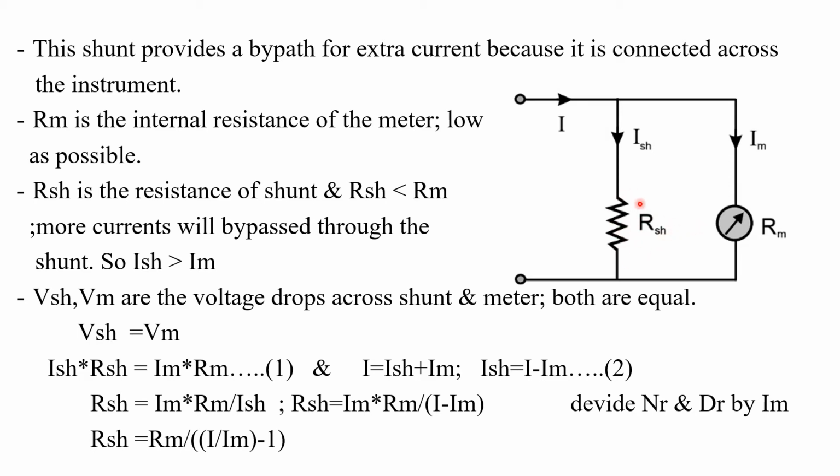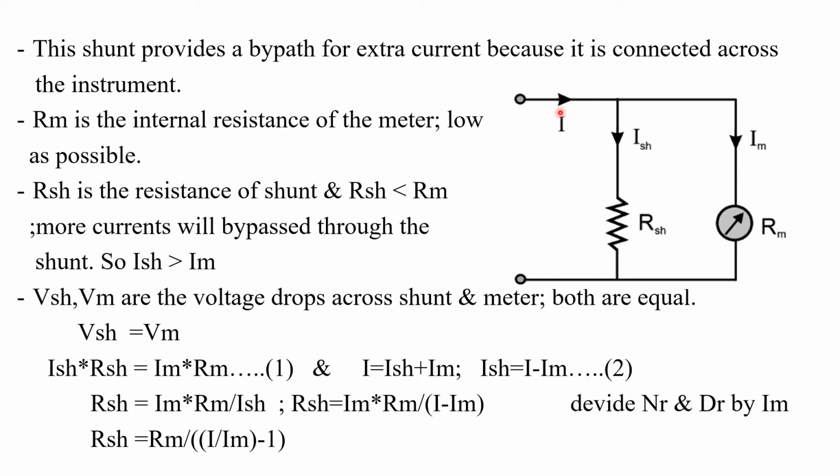So to measure heavy currents, we use this shunt resistance in parallel with the meter. If I is the current that flows through this circuit, this I will always be much higher than Im, which is the current that the meter will read.